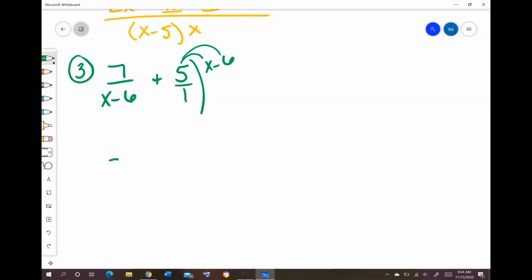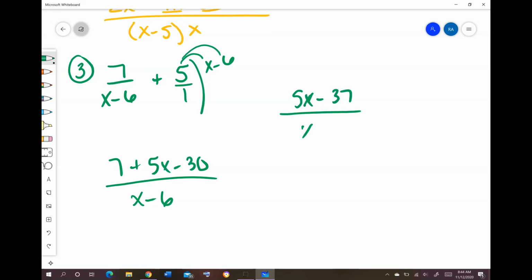We'll bring down the 7, then distribute to get 5x minus 30, all over x minus 6. Combine your terms, and I'll have 5x minus 37 all over x minus 6. And that would be your answer. We're going to do one more addition, and then we'll jump into a subtraction problem.